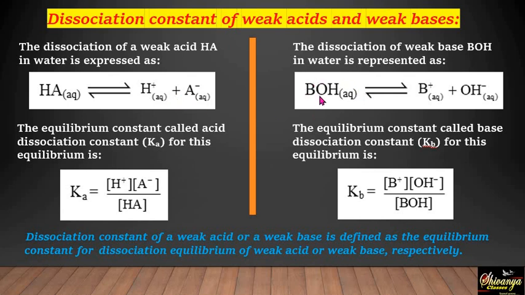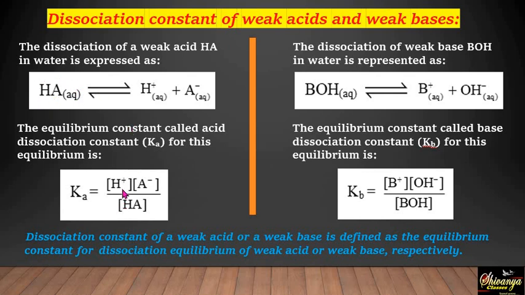BOH is the weak base, an unionized base molecule which dissociates into B plus and OH minus ions. The equilibrium constant, called the acid dissociation constant Ka, is the concentration of ions divided by the concentration of undissociated molecules.